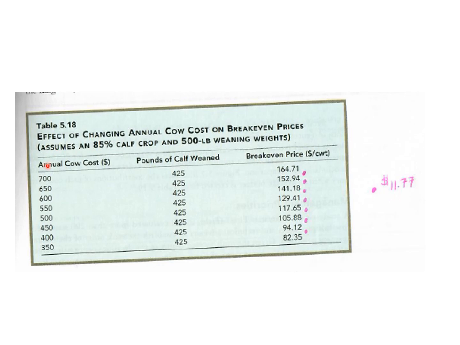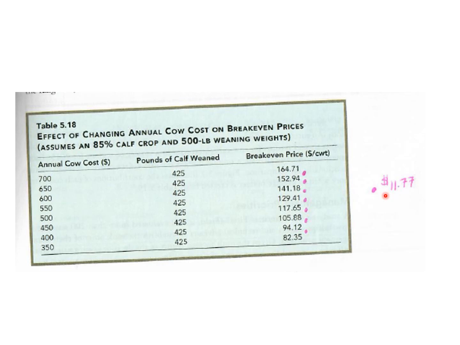So given the same calf crop and the same weaning weight, every $50 you save or spend more on your cows will decrease or increase your break-even price by about 12 cents a pound. This is the only concept that doesn't diminish as we get closer to 100 or closer to 600, like the previous two tables, 5.9 and 5.14.